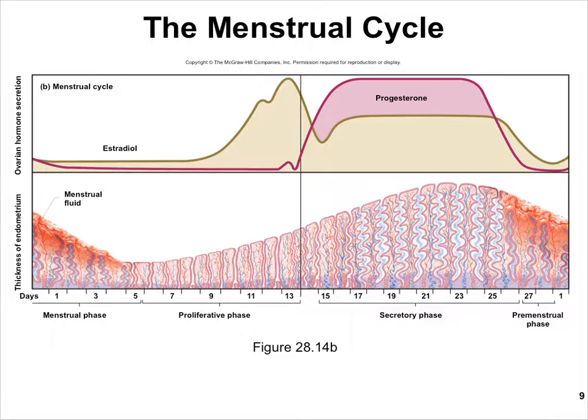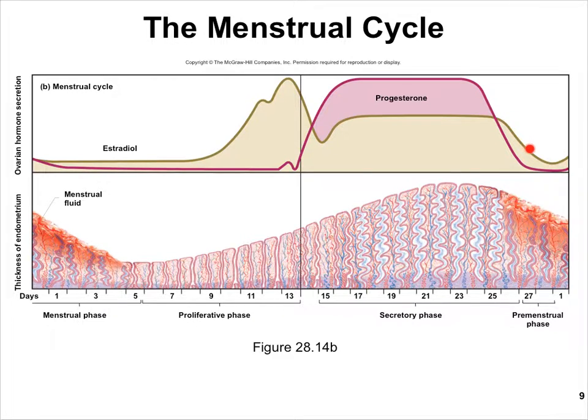Right. As the corpus luteum degenerates, assuming the pregnancy doesn't occur, it produces less progesterone. Progesterone was basically what was keeping this endometrial layer thick and healthy. And when progesterone falls off, and since the egg didn't develop into a fetus, it's no longer secreting estradiol either.